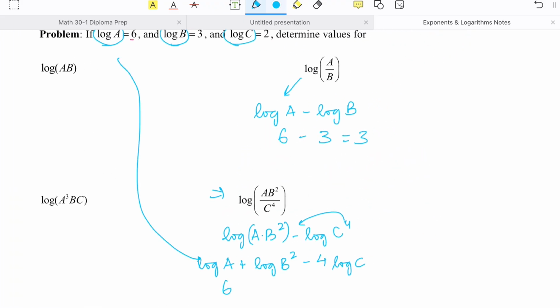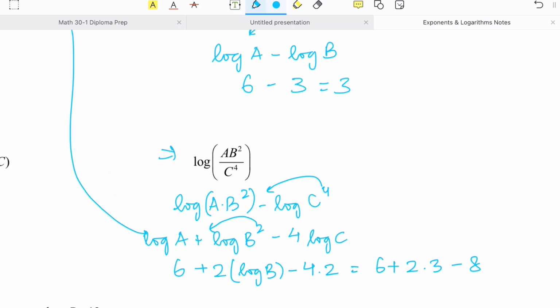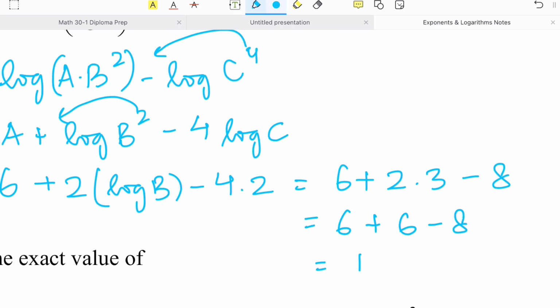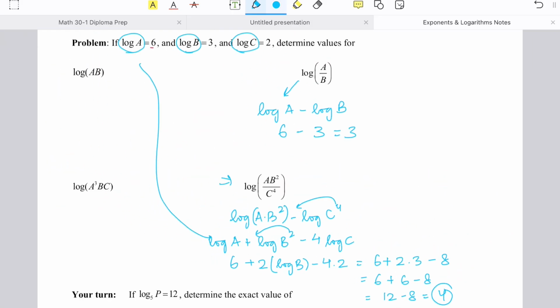Plus this will be bumped, 2 times log b, minus 4 times c, which is 2. 6 plus 2 times log b is 6, right? Minus 8, because 4 times 2 is 8. 6 plus 6 minus 8. So 12 minus 8 is 4, and that's my answer. Okay.